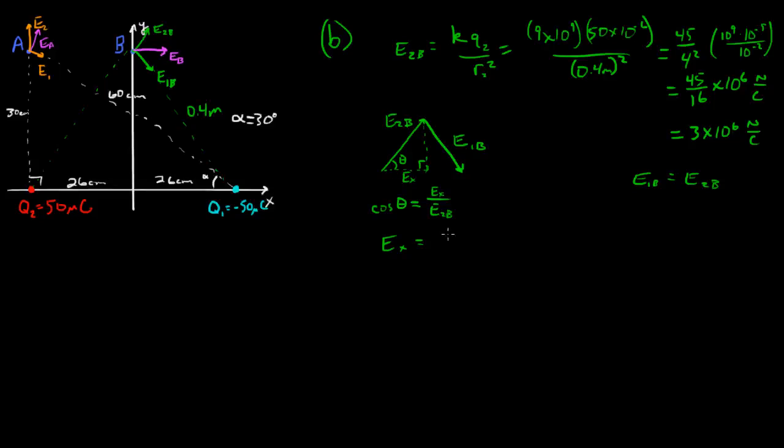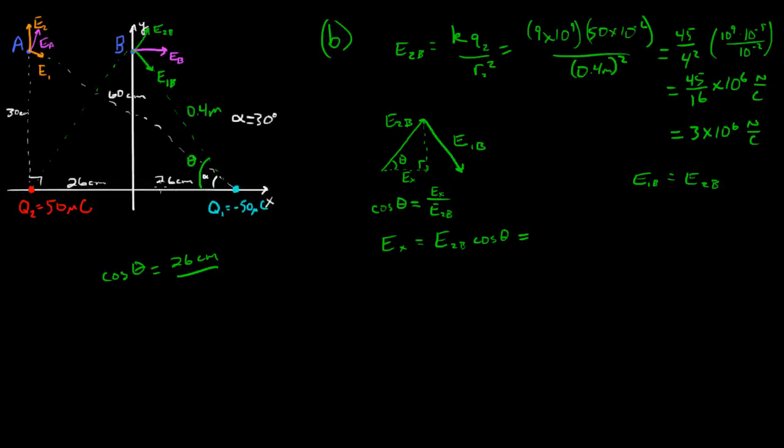Okay, how are we going to find theta here? Well, this is also theta right here. And we know that the cosine of this angle is the adjacent over the hypotenuse. So that's 26 centimeters over the hypotenuse, which is 40 centimeters. Okay, so centimeters can cancel. What do we got? 13 over 20.